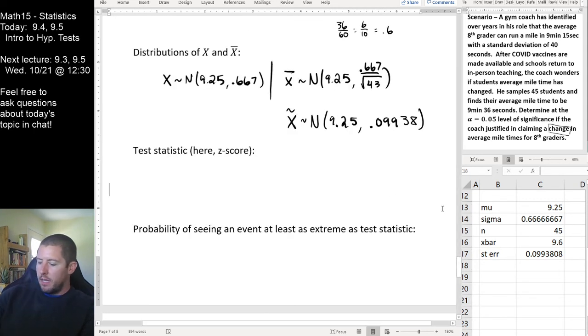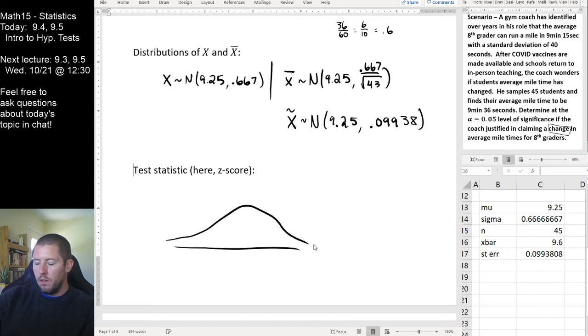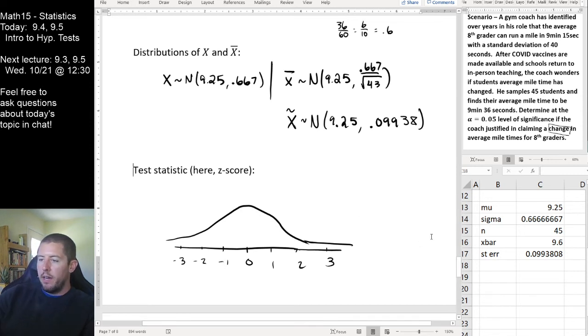So our test statistic, here a z-score, although we're going to get different test statistics later. We're still looking at this z distribution. I'm going to draw my graph here, my really bad graph. What I don't know is how many standard deviations away from normal we are, but we can compute that.